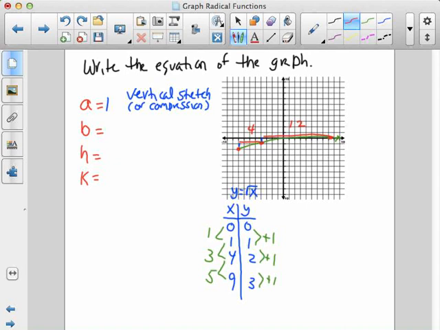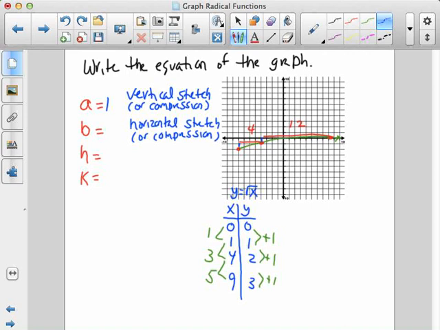All right, so notice that our x values are 4 times what we expect. And you might be tempted. So by the way, this is our horizontal. B is our horizontal stretch or compression. In this case, it is a stretch because our x values are increasing by more than they should be.